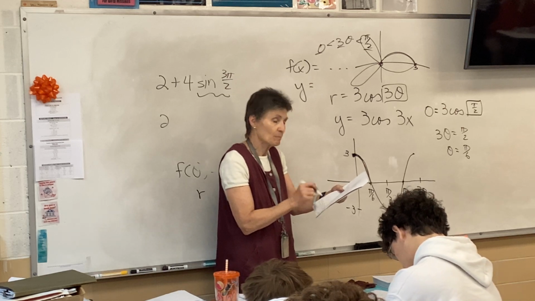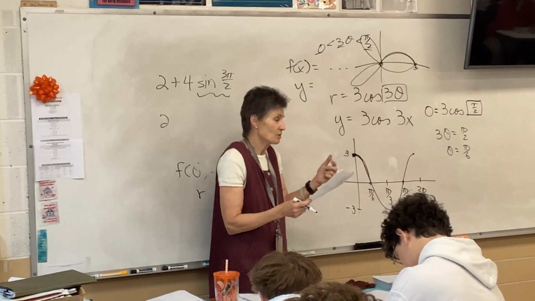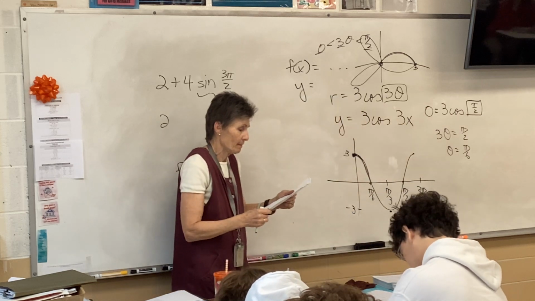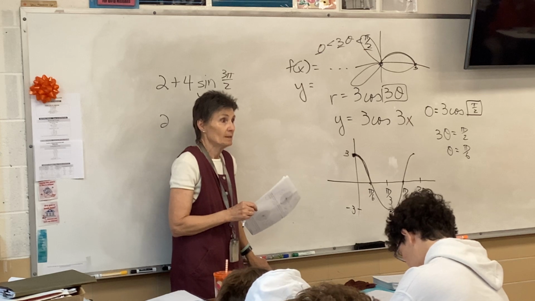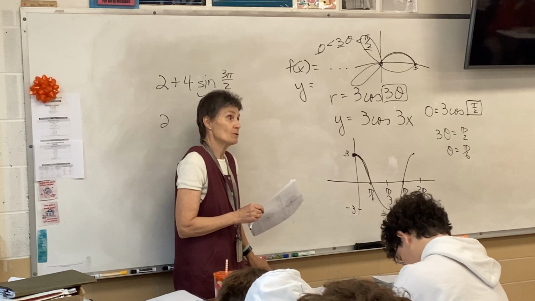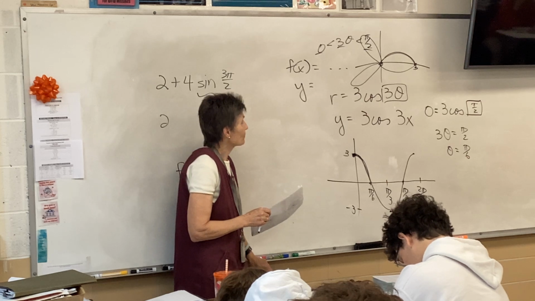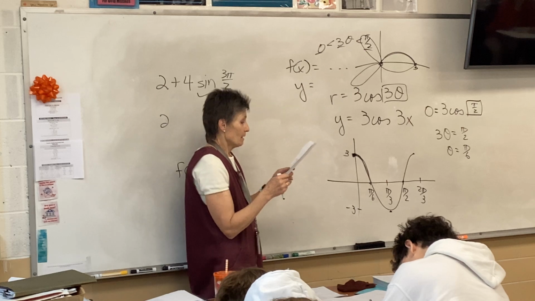It should be the same grid as the last problem. Yeah, just make that a 3. Change it in the picture. The picture's not right. You're exactly right. Does everybody understand Alex's point? Yeah, so cosine can't be bigger than 1, r can't be bigger than 3. So, make that a 3 in the picture. Okay.